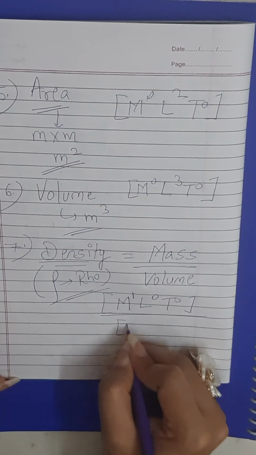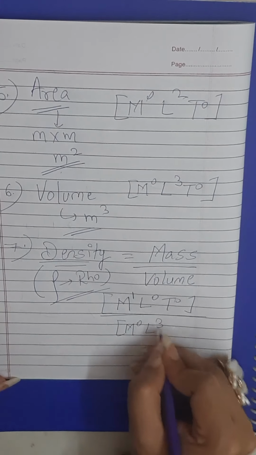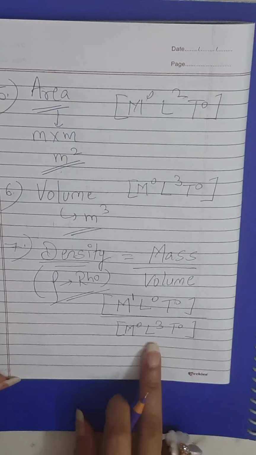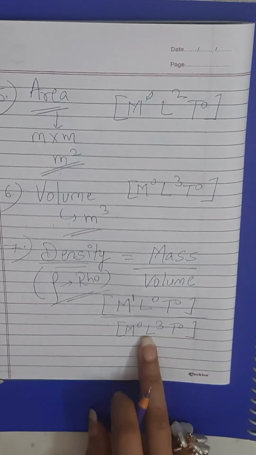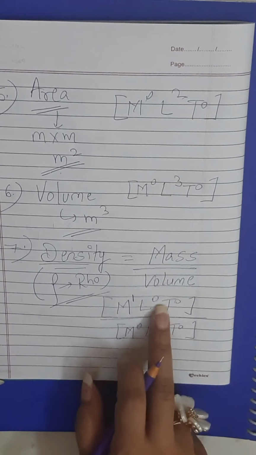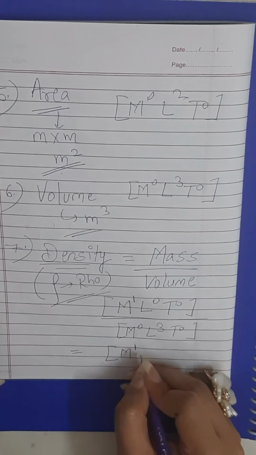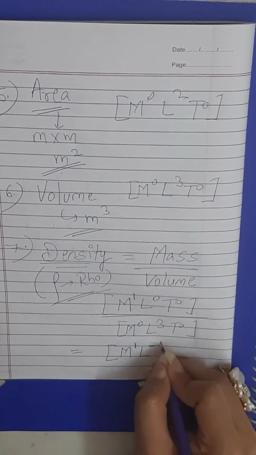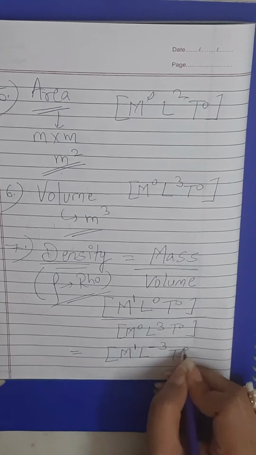For volume I will write M0, L cube, T0. Now in the denominator the power is positive. So when I take it to the numerator, power will become negative. So the dimensional formula of density becomes M1 L minus 3 T0.